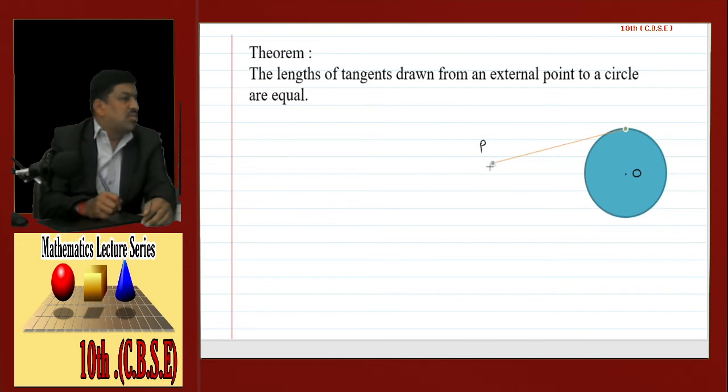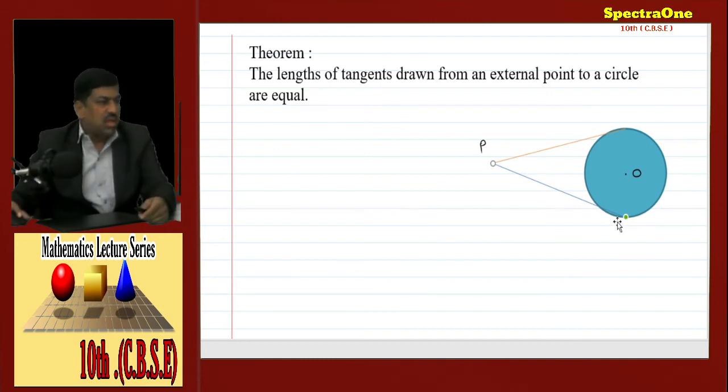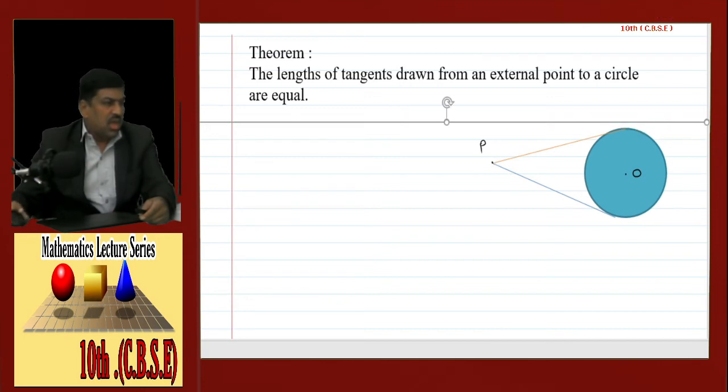From the external point, see here, P is the external point. P is not present on the circle. Are you getting my point? From P we have drawn tangents to the circle. These are the two tangents to the circle.